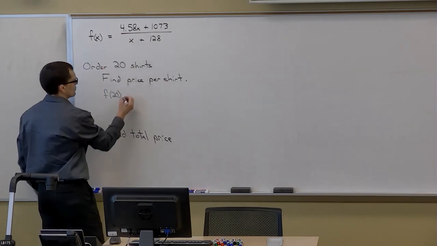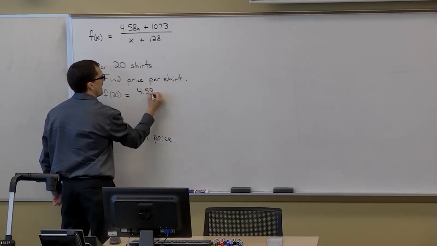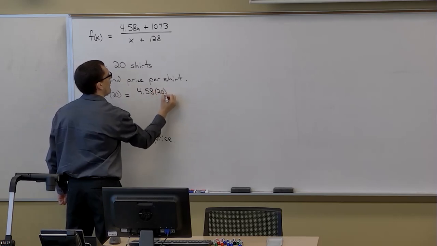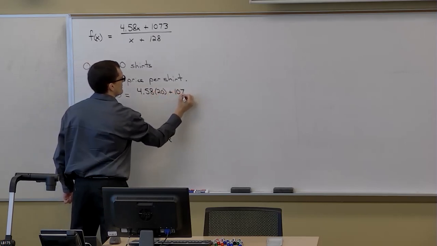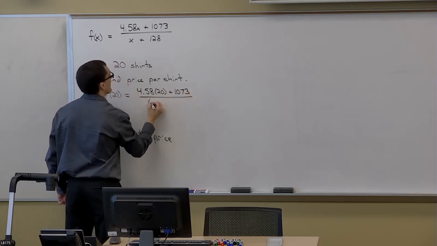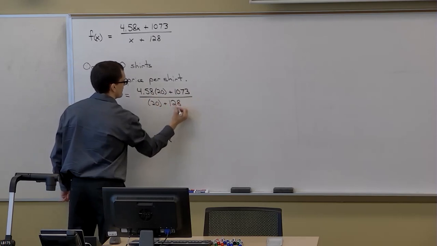So the price per shirt is going to be 4.58 times 20 plus 1,073, and that's all going to be divided by 20 plus 128.